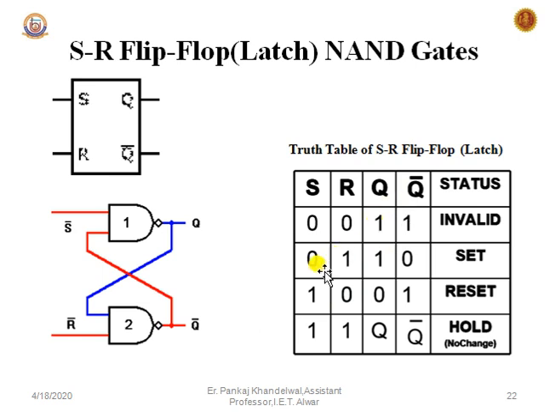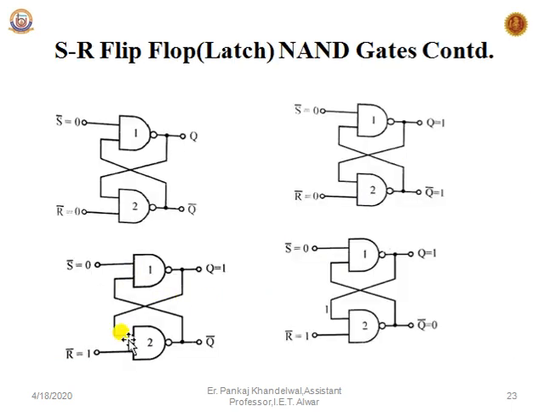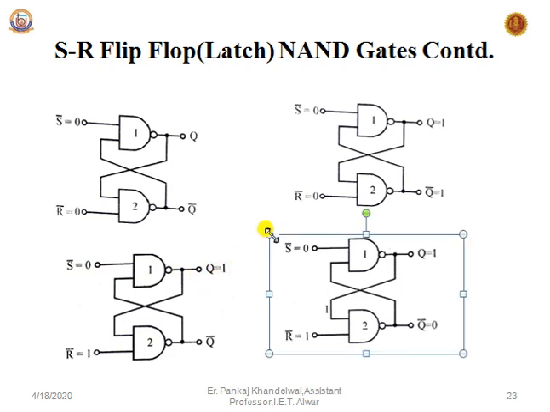Case second, when S equals 0 and R equals 1. Then we get the output from gate 1 earlier, because one input is 0. So the output of gate 1 is 1, which means Q is equal to 1.